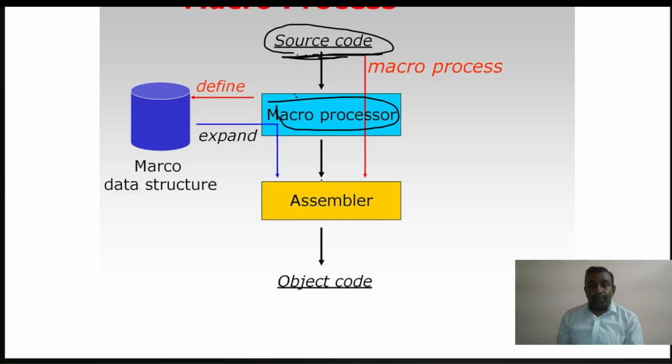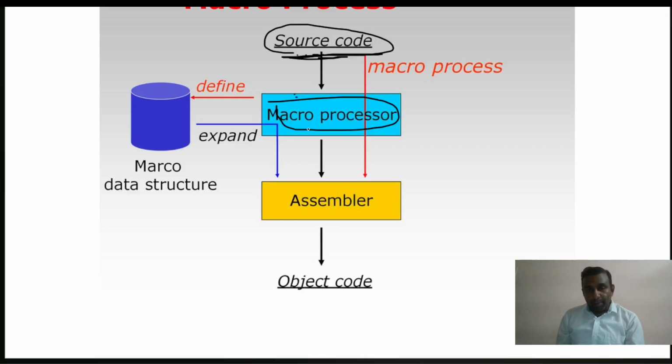The error is that the symbol is not present or is an illegal symbol. But what happens when the macro processor processes the source code if it contains macro keywords or macro calling statements? When it contains a macro calling statement, the macro processor will define some macro data structures, expand the source code and pass it to the assembler.